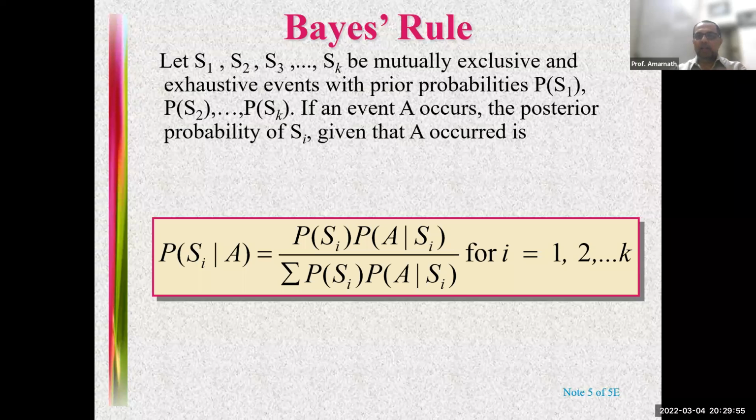If an event A occurs, the posterior probability of Si given that A has occurred is given by this formula. For every event, there is a probability attached to it. Posterior is the probability we get after we model. Bayes' rule comes in when there is prior information. That's it.